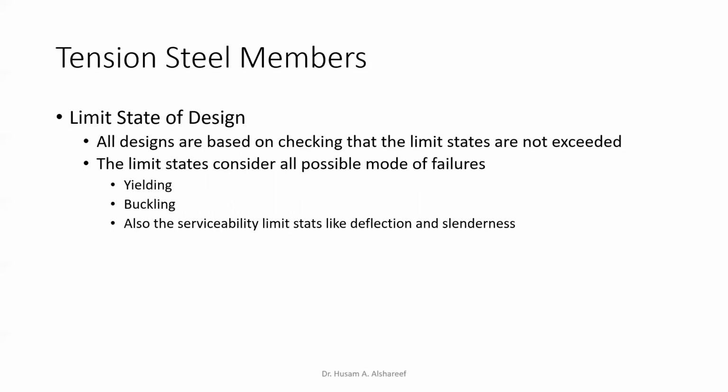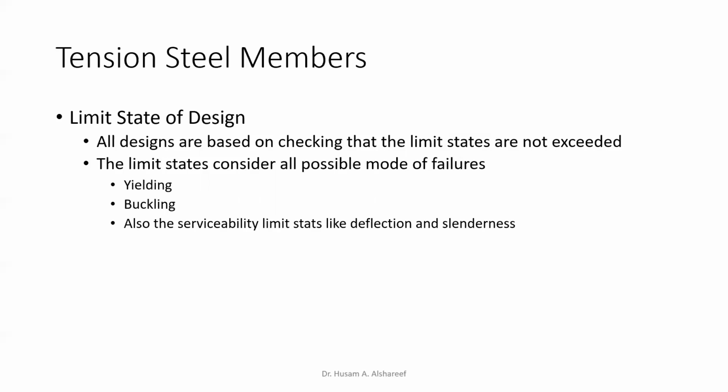Now, as far as the limit state of design, we are expected to stay within the limits of the design without exceeding them. In other words, we design against 3 types of failure modes. The first is yielding, the second is buckling, and the third is the serviceability limit states like deflection and slenderness.